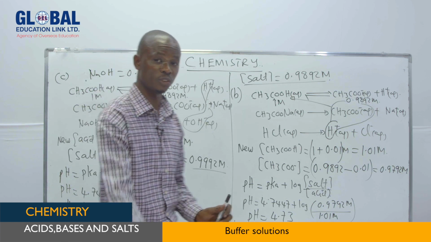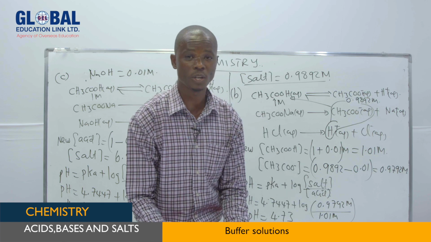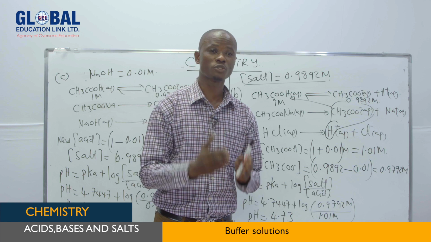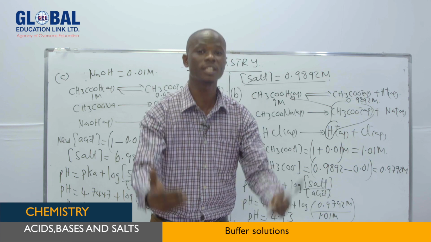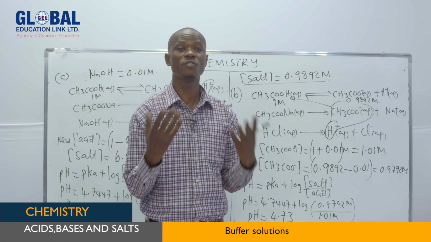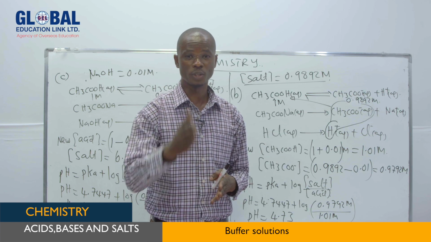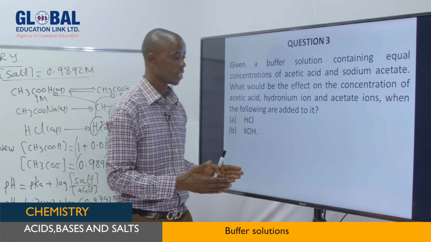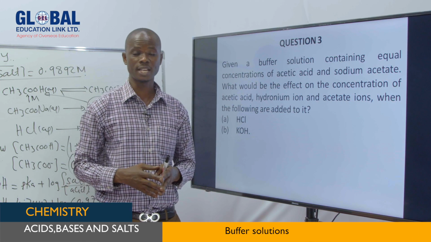Now, the concentration of the acetic acid will decrease because it will be used to produce more hydrogen ion. And the concentration of the acetate ion will increase by the same amount as the potassium hydroxide that is added. So it is very simple to answer those problems. You can take a piece of paper, write these questions and try to do them by yourself.